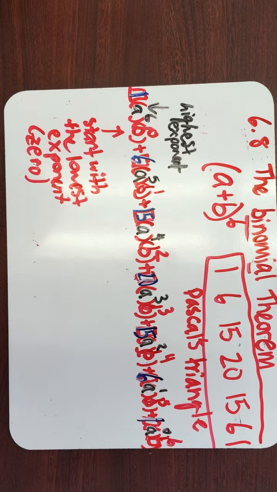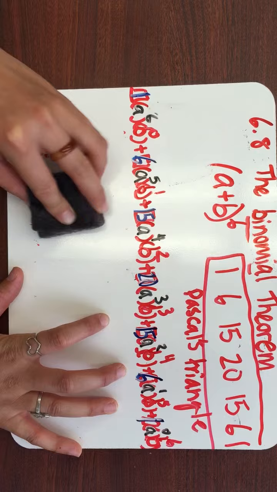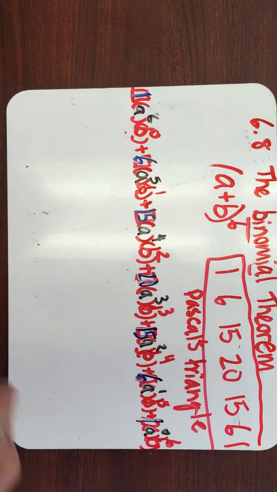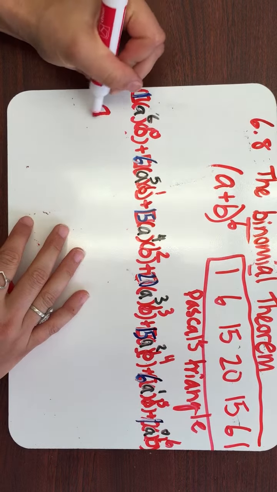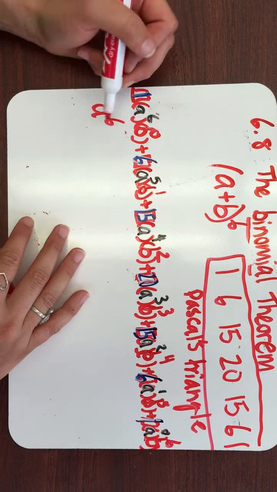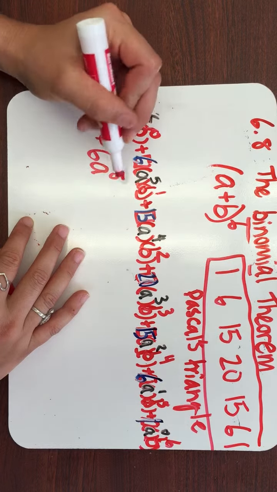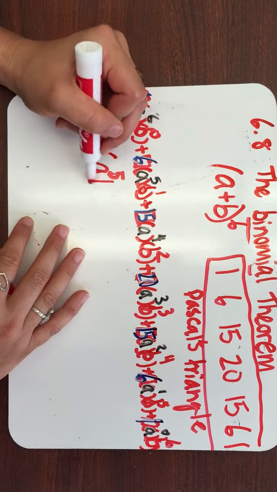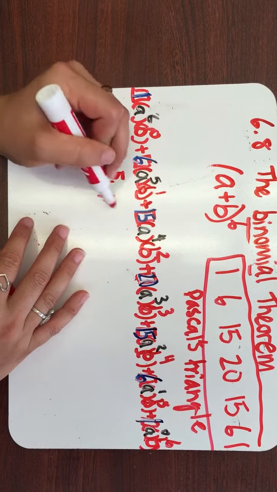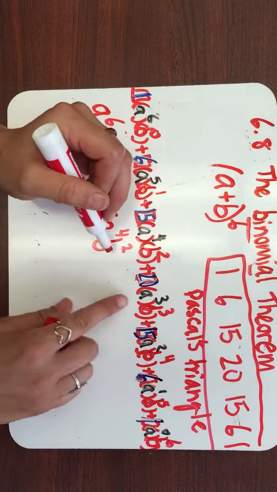So if we're looking at these, we can write them all out. a to the 6th is just a to the 6th; b to the 0, anything to the 0 is 1, so that won't affect it. We have a 6, a to the 5th, b to the 1st, but we don't have to write the 1st, so we'll just write b. We have a 15, a to the 4th, b squared.